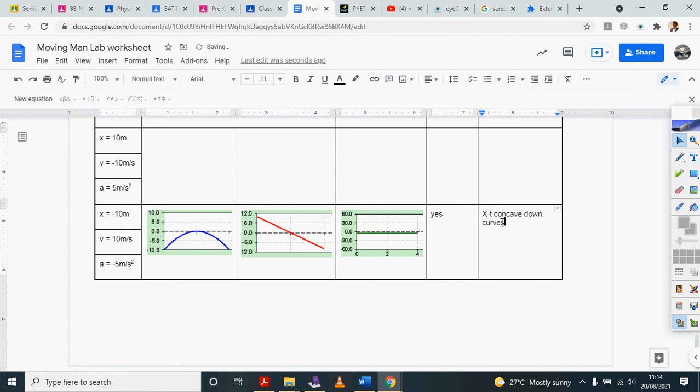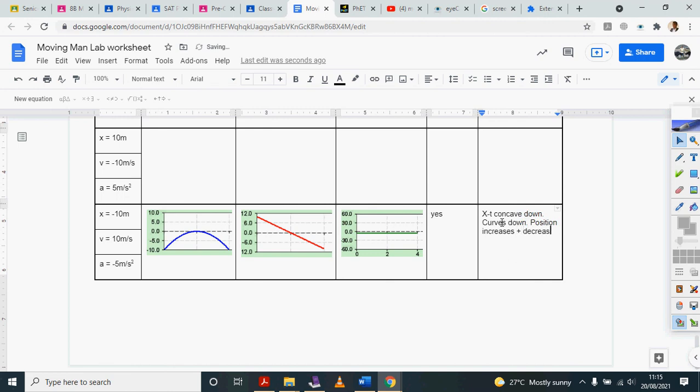What it shows me is that the position increases to 0 and then decreases back to -10. The position increases and decreases, right?